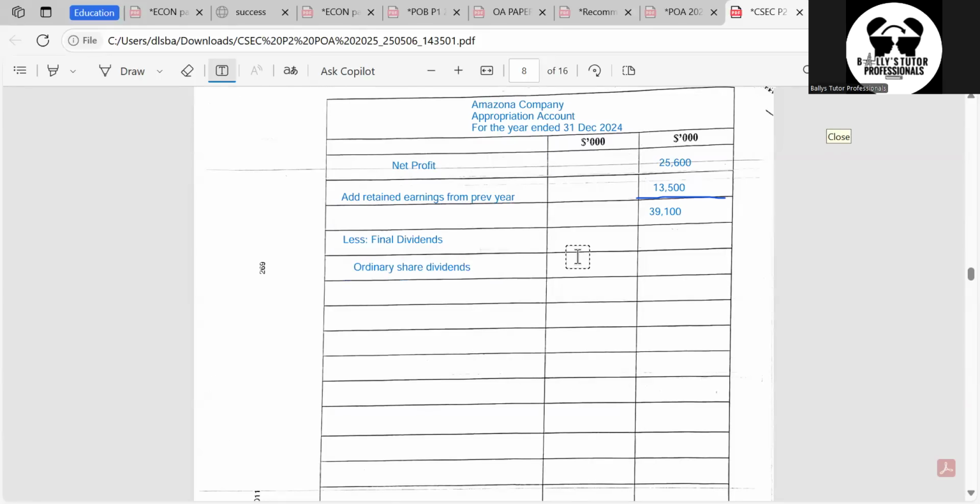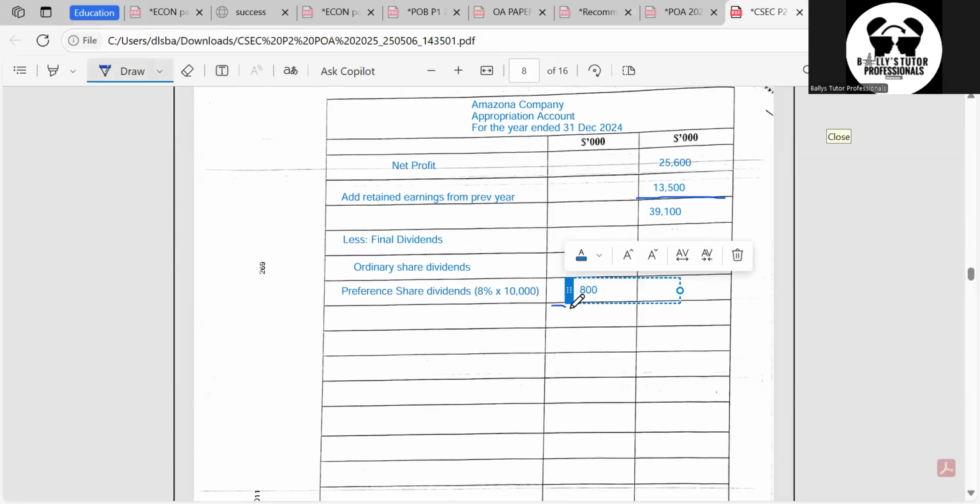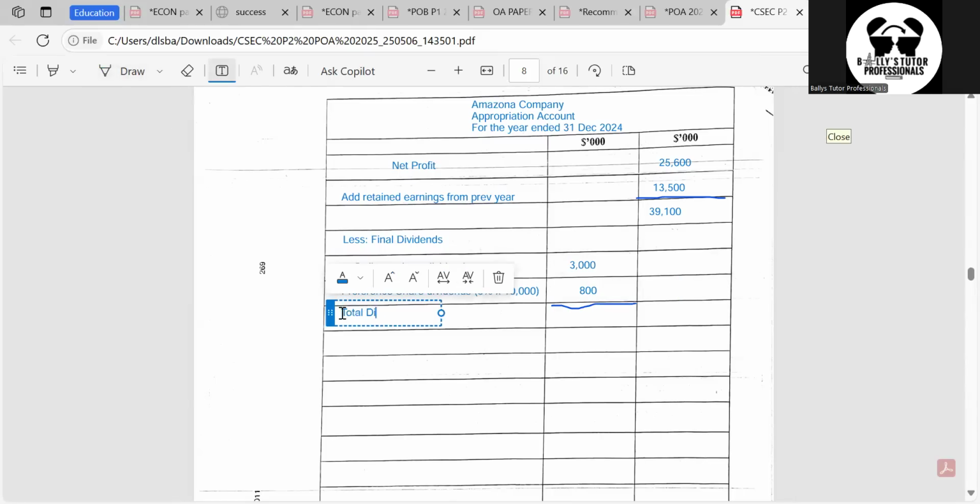Ordinary share dividends, they said was 3,000. And then preference share dividends was how much, 8% of 10,000? And 8% of 10,000 is 800. We add that up, get total dividends of 3,800.